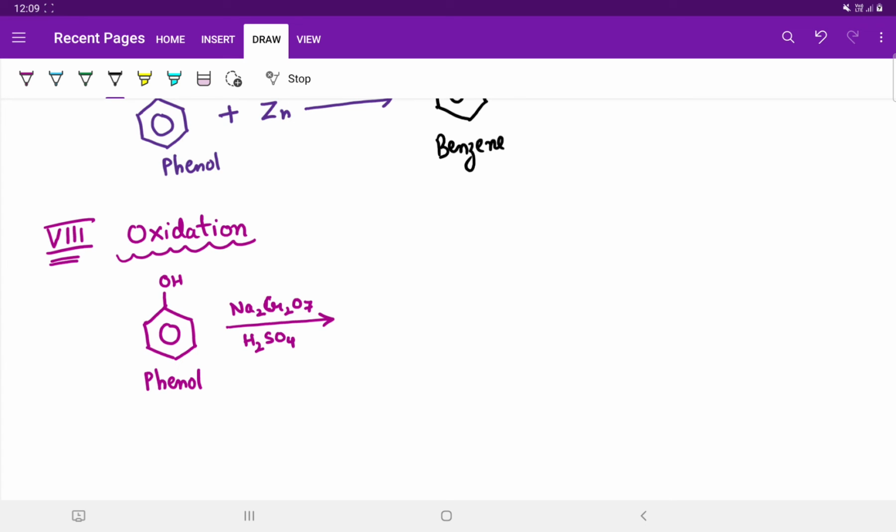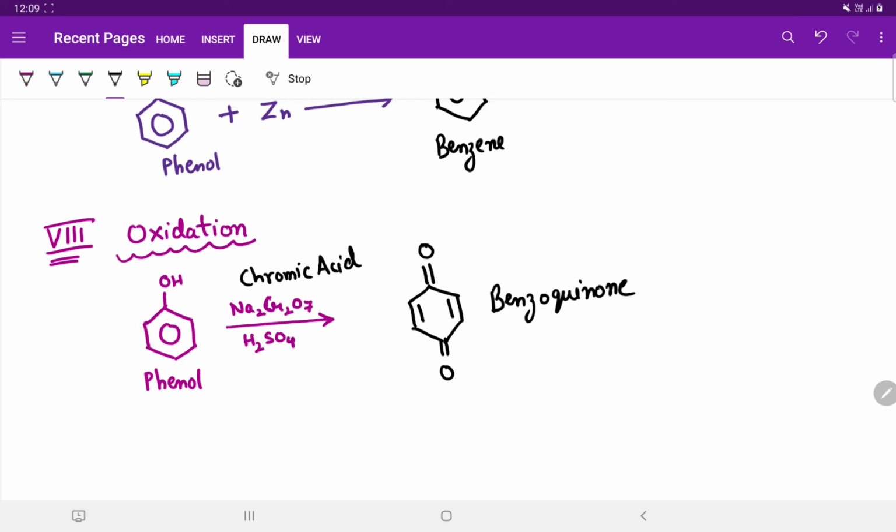So, in the oxidation, in presence of chromic acid and the concentrated sulfuric acid, the oxidation of phenol occurs, which leads to formation of corresponding quinone known as benzoquinone. So, this is the benzoquinone. So, whenever the phenol reacts with air, the oxygen present in the air causes its oxidation, leading to formation of the dark colored compound known as quinones or benzoquinone.